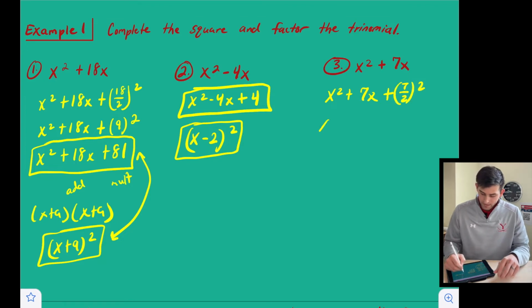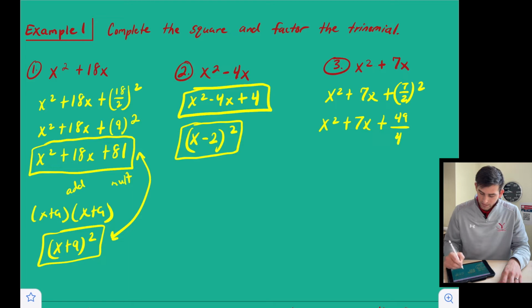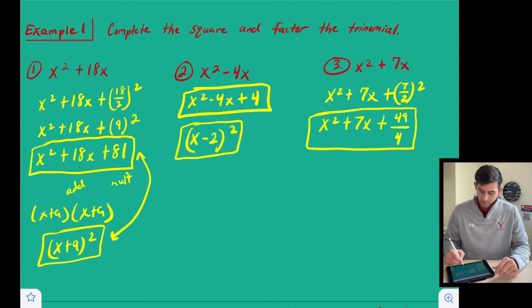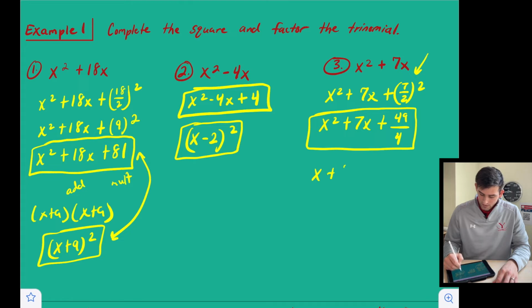Let's square 7 and 2, so we get 49 over 4, and let's leave it as that. That is still a perfect square trinomial. It just looks a little funky because b was an odd number. So now we can factor this. Remember, we factor as x plus or minus b divided by 2. So here we have x plus 7 over 2, and we square that.